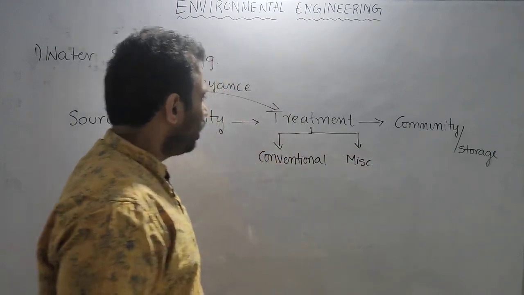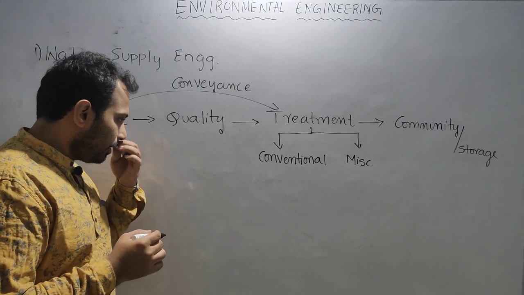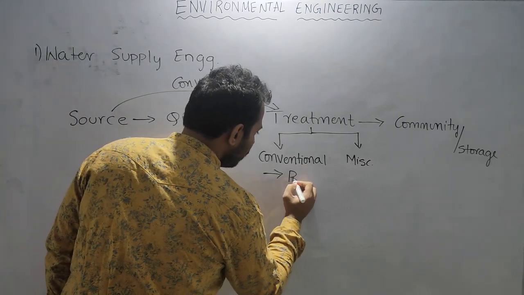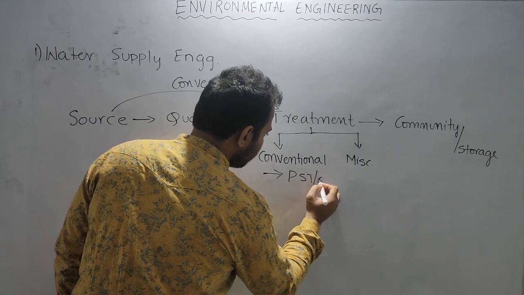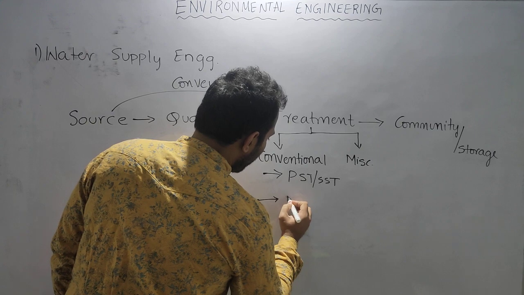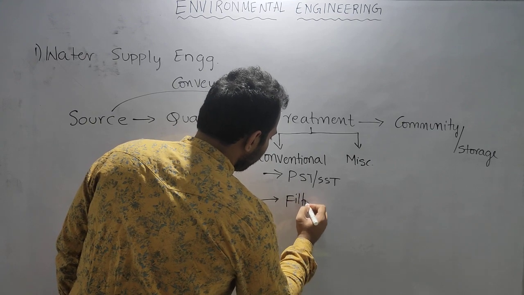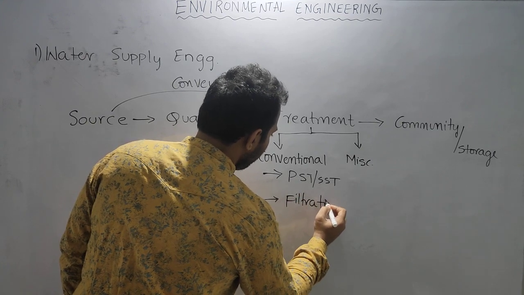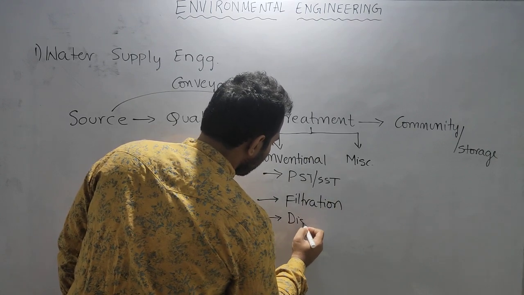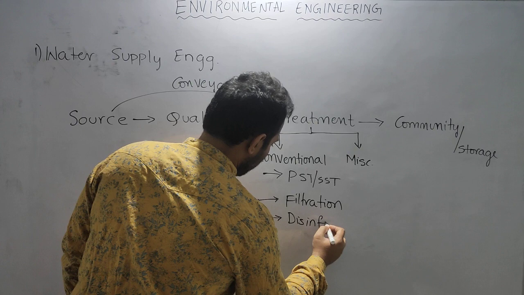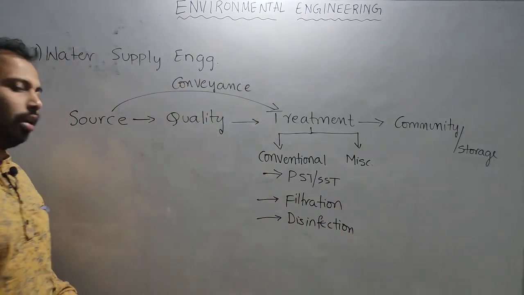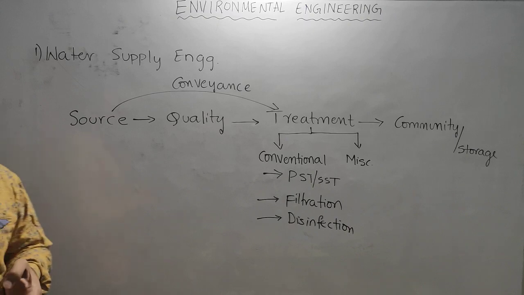Conventional treatment means the primary sedimentation tank or secondary sedimentation tank, filtration or coagulation, filtration, disinfection. These things are conventional, because for every kind of water we need these kinds of treatments.